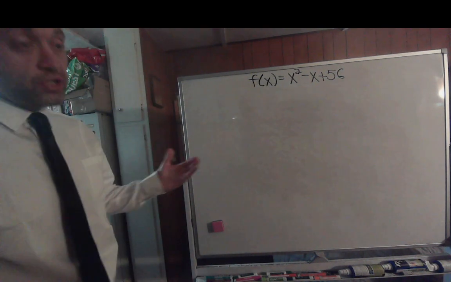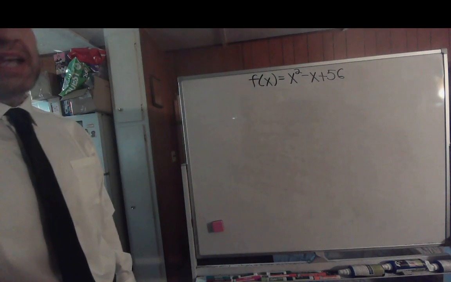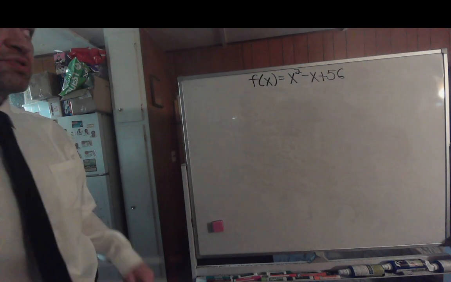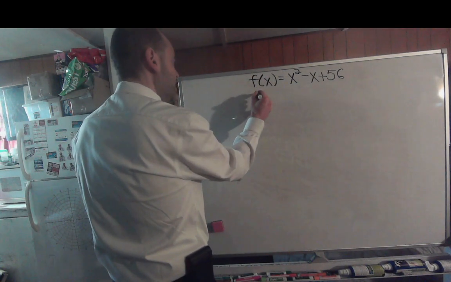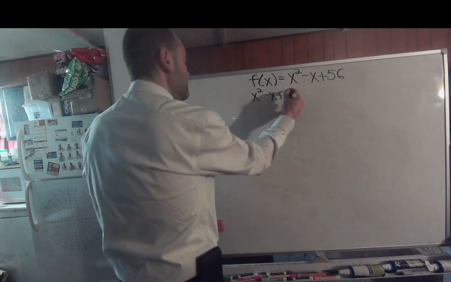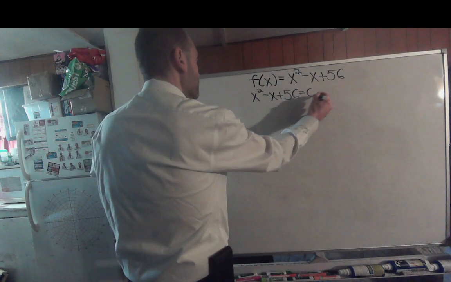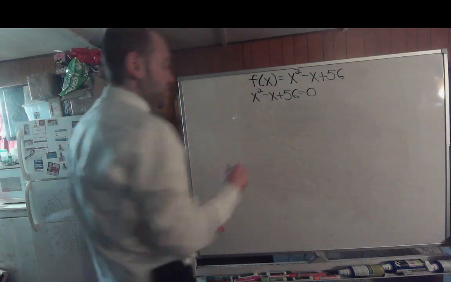And you could use completing the square, but you're going to have to deal with fractions. Do you really want to do that? It's actually probably best in this case we proceed with the quadratic formula. So let's take that x squared minus x plus 56, set that equal to 0. We should still have two solutions in the complex number system.